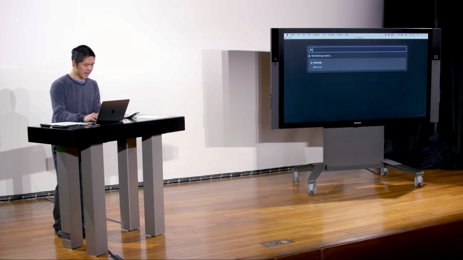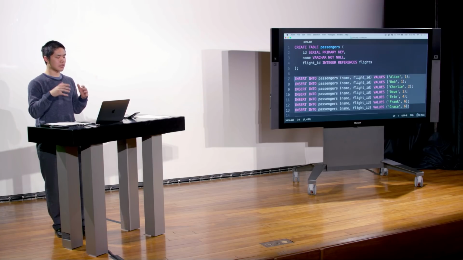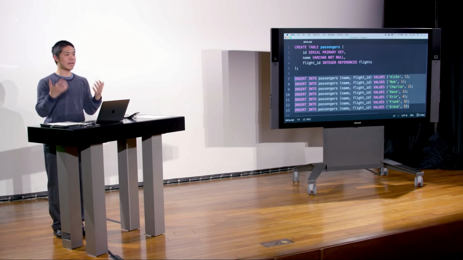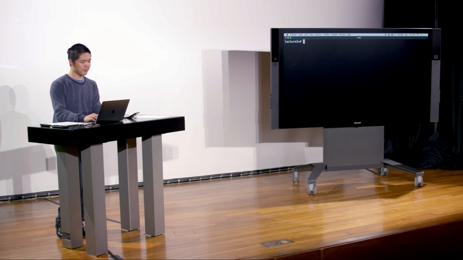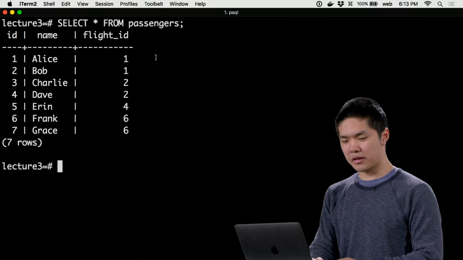So I'm going to go ahead and I have a couple of these insert lines. These insert lines are just going to add a couple passengers into my table. So notice I'm inserting into passengers, inserting a name and a flight ID, and their values are just their name and the ID of the flight that I'm adding them to. So I'm going to insert all those. And now if I select star from passengers, you'll notice that I have 7 rows.